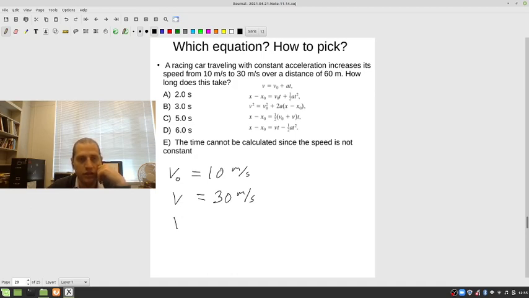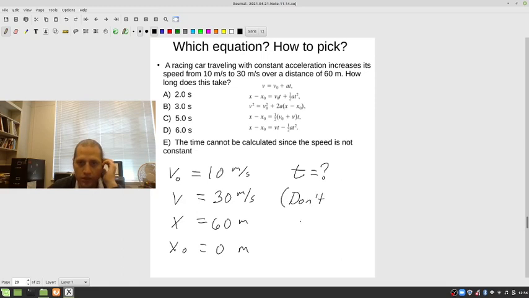Okay, so I could say, for instance, my x would be 60 meters for an x naught of 0 meters. And then the question it asks is, how long does this take? So I want to find t equals what? Now, the next thing that I do is, oh, wait, what don't I know?